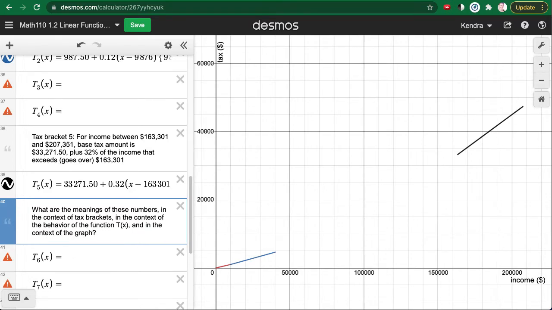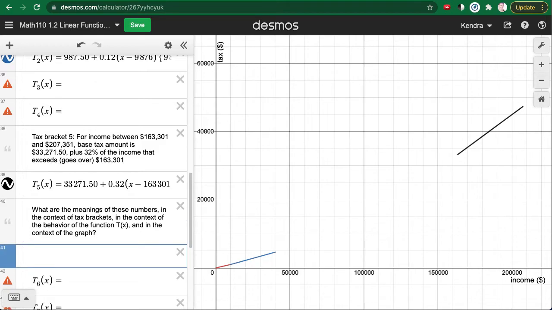So there's three different ways to look at this function. One is in its real world meaning. One is thinking about the behavior of the function, how the function is changing. And then there's looking at the graph. And all three of these things are very much related.